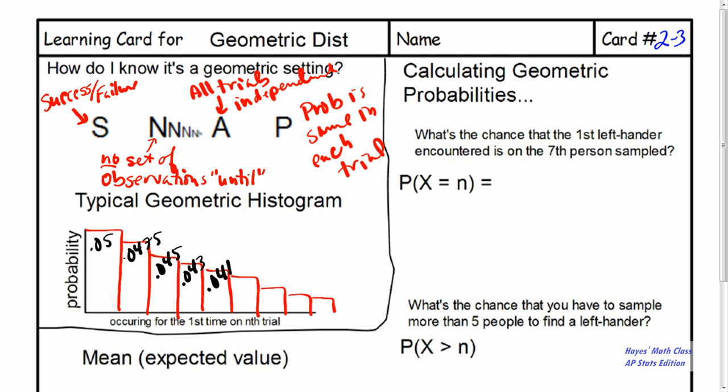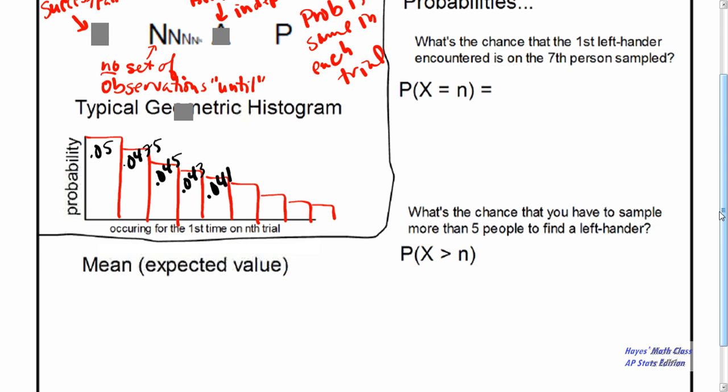So let's take a look. What's the chance that the first left-hander encountered is the 7th person you sampled? So you're going to be picking people at random. The probability of being left-handed is 0.05, which means the probability of being right-handed is 0.95, right?